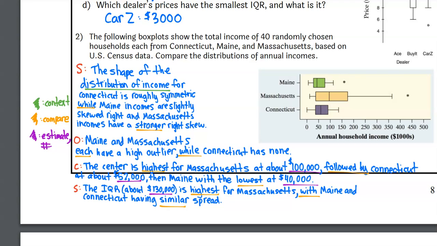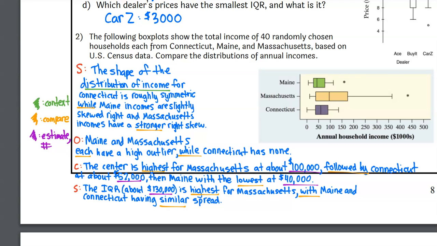And lastly, S, the spread or the variability. So right here, when we're talking about box plots, we're looking at the IQR. So the size of the box. Notice that Massachusetts has a bigger box, and then Maine and Connecticut look like they're pretty similar.